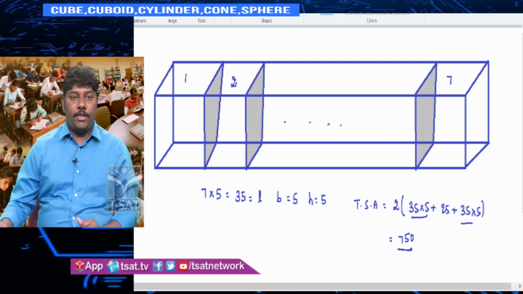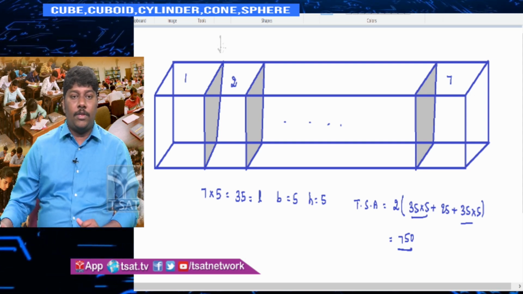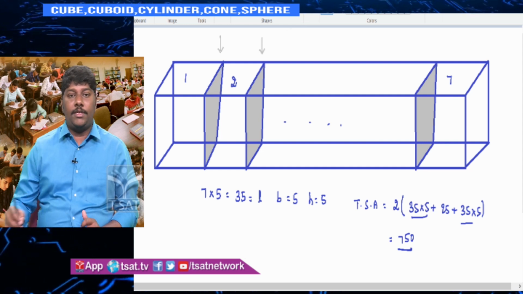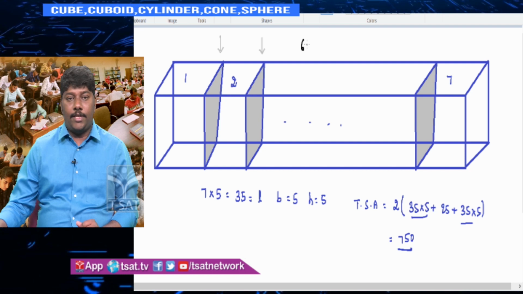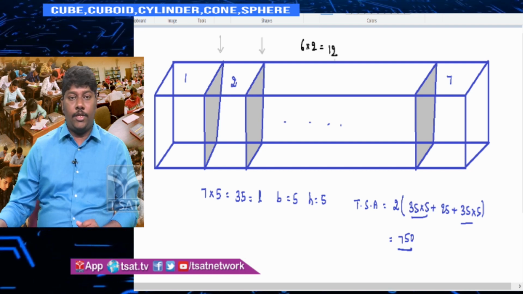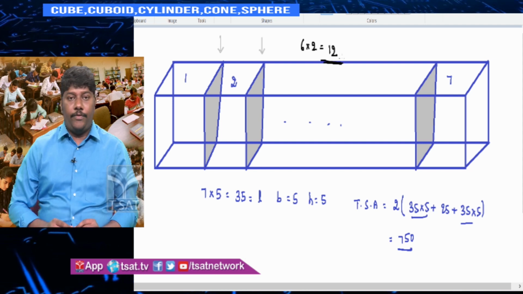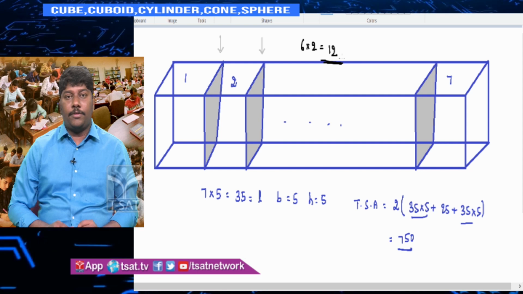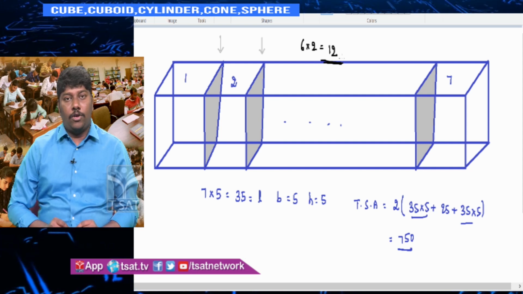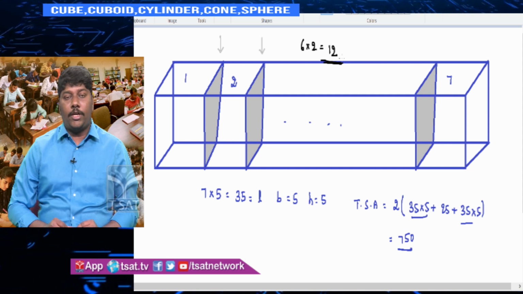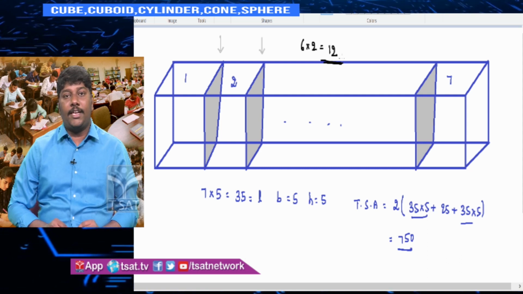At every joint you are losing 2 square surfaces, therefore 6 into 2, you are losing 12 squares. There are totally 7 cubes, 7 into 6, 42 squares. Out of 42 squares, 12 squares were missing, 42 minus 12 gives you 30 squares.